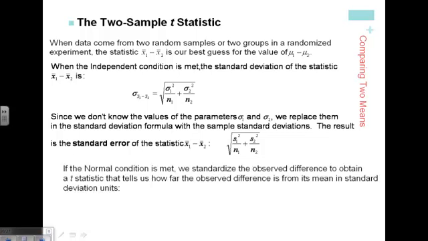And if the normal conditions are met, then we know that the distribution is roughly normal shaped, and that means we have all the preconditions met to be able to use the t statistic. Anyone need more time on that slide? All right, hearing none.